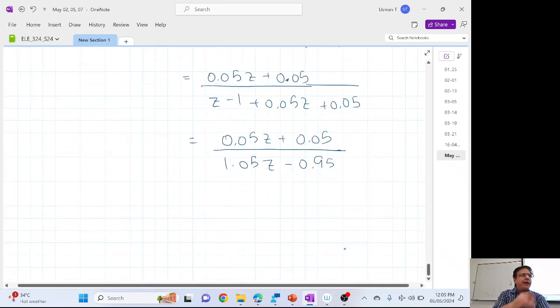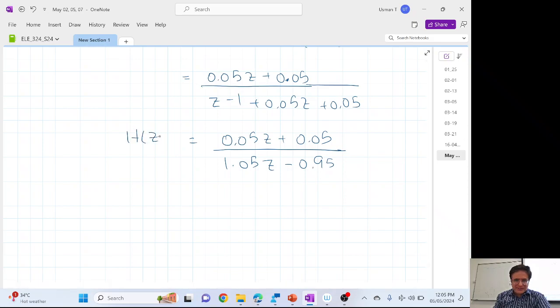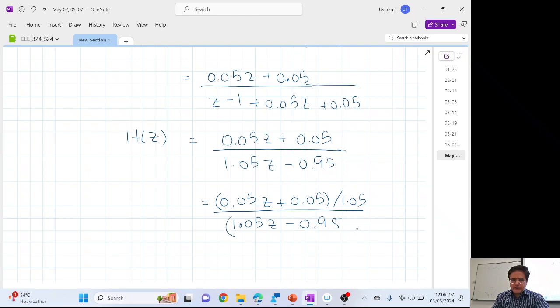Remember, make your transfer function in the standard form, right? In the standard form, this is 1. So I'll just divide both numerator and denominator by 1.05. I will have 0.05 z plus 0.05, this whole thing divided by 1.05, over 1.05 z minus 0.95, this whole thing divided by 1.05.